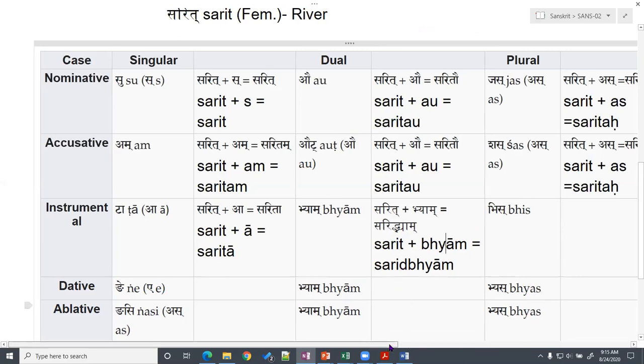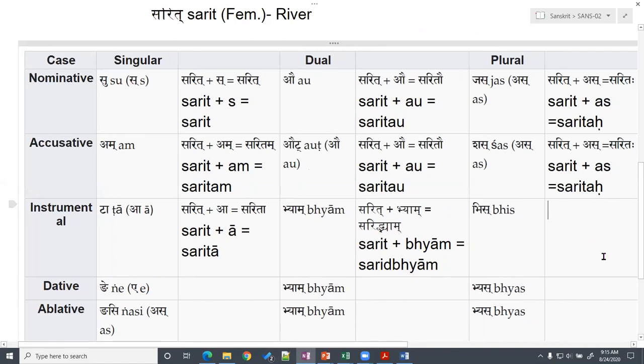Here, sarit plus bhis. One, this sandhi change will take place. Second, the sakara is at the end, so it will become visarga.